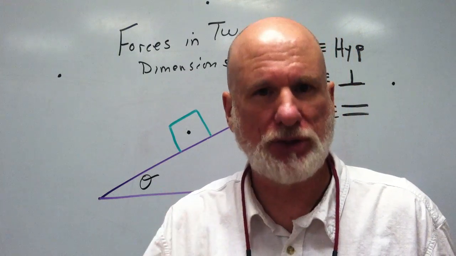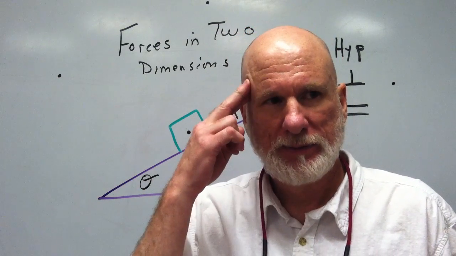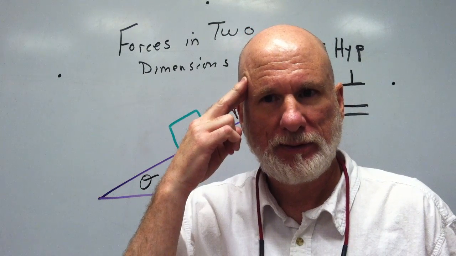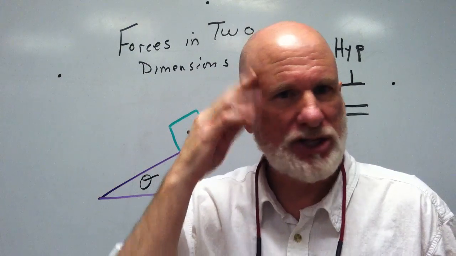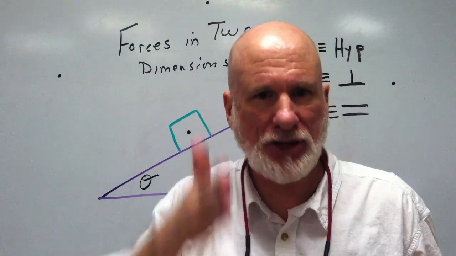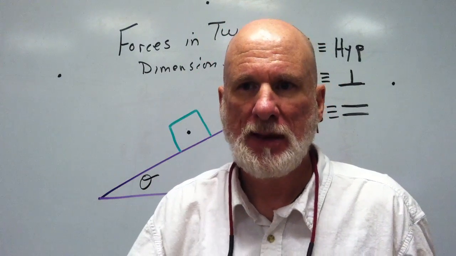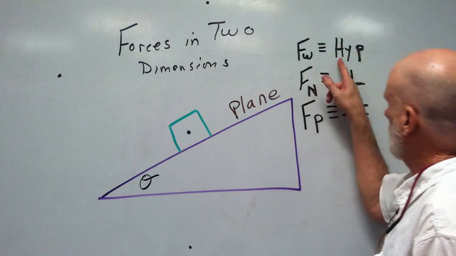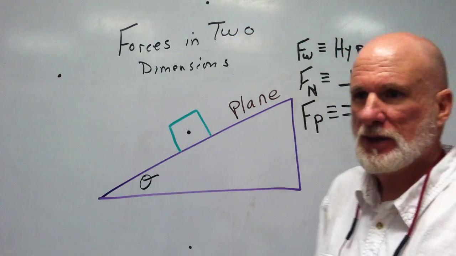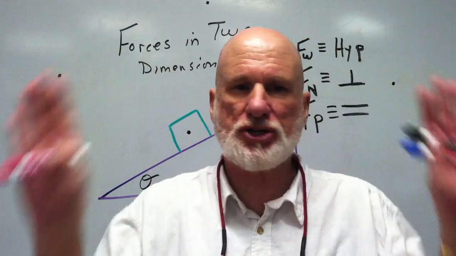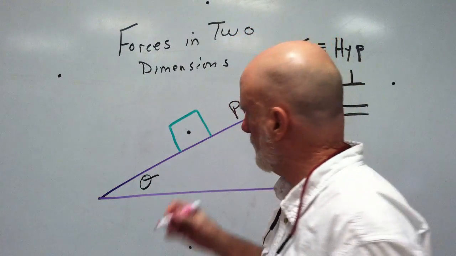This is the problem students had. The weight is straight down to the ground, straight. That's actually going to be the hypotenuse. And whatever it is, it's always straight down, all right?